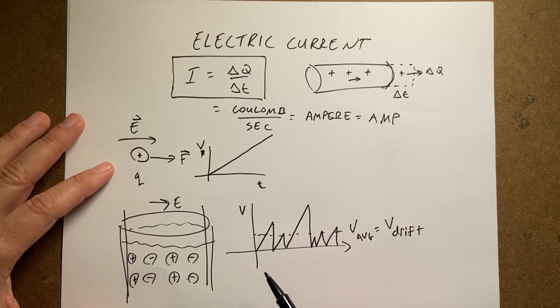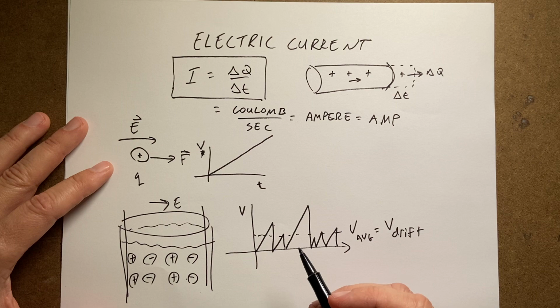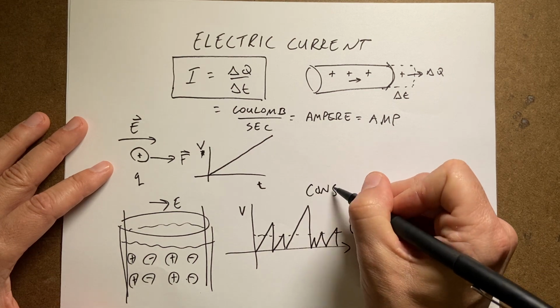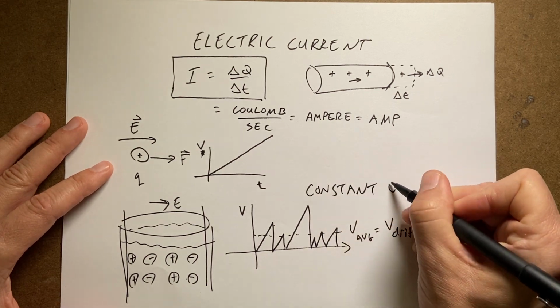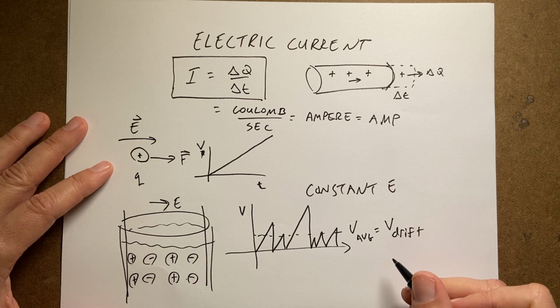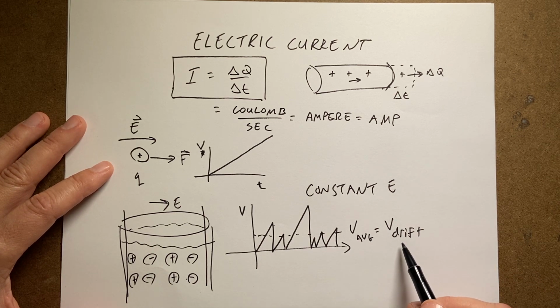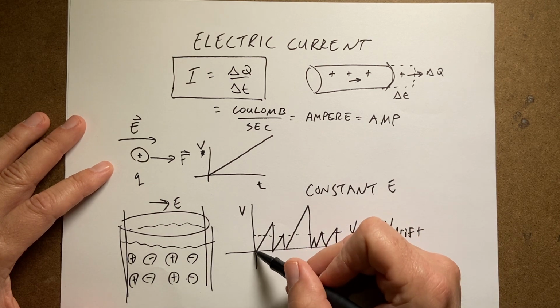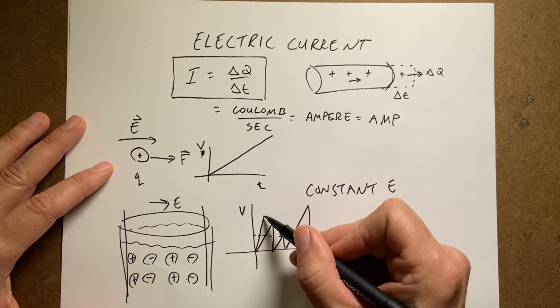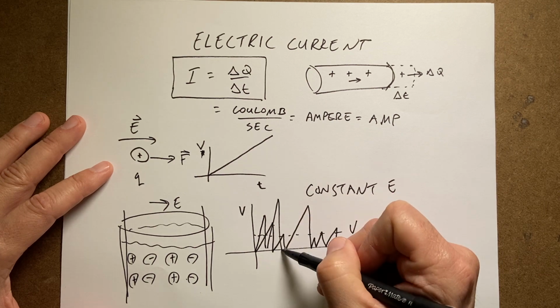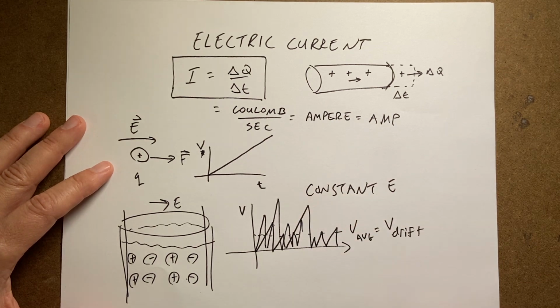So if I apply a constant electric field, I get an average constant velocity. If I increase the value of the electric field, I get a higher drift velocity. Because if I accelerate these faster, everything's going to be higher, and I'll have a higher average.